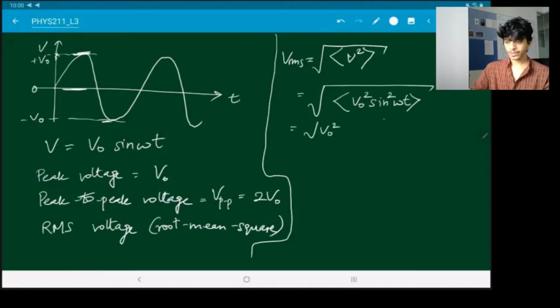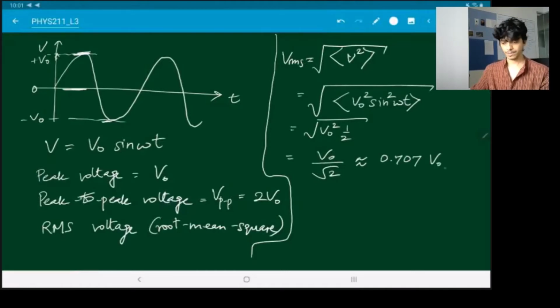Average of sine square, as we have discussed before, is half. So this is V0 divided by root 2. Numerically, it comes out to be around 0.707 V0. So around 71% of the peak value.